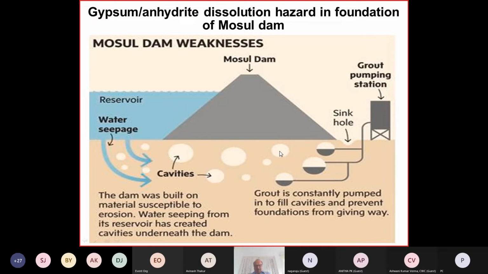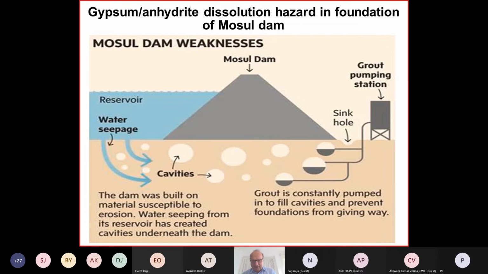So therefore, people knew that at the time of the construction, and it was still decided that this dam has to be built. So therefore, a system was introduced where people were grouting here in this dam 7 days a week, or let's say 24 hours and 365 days a year.